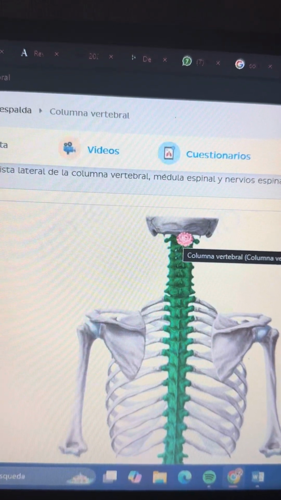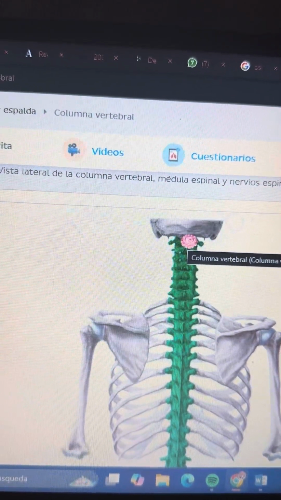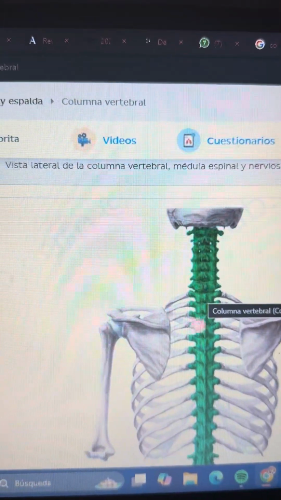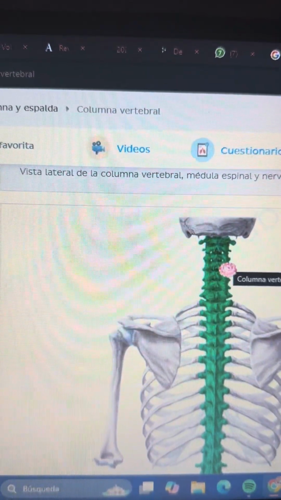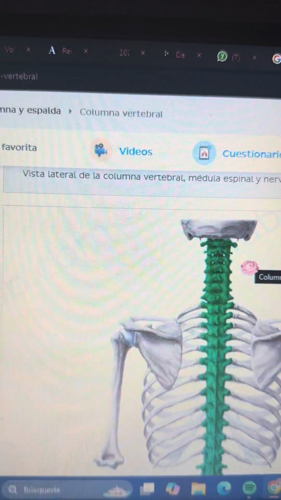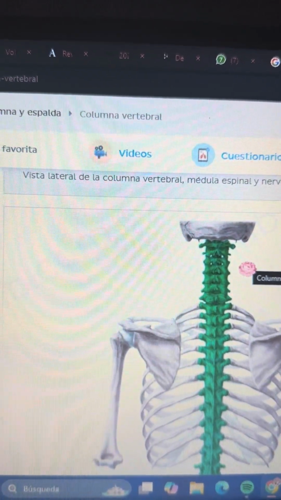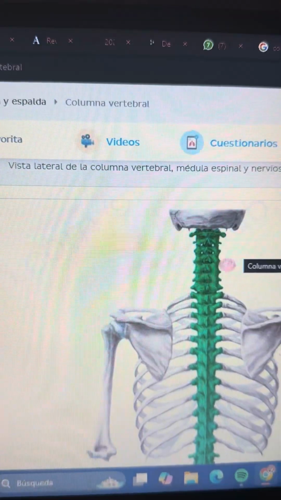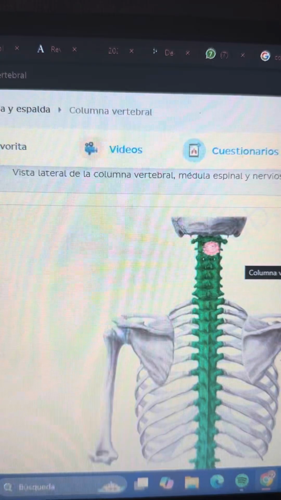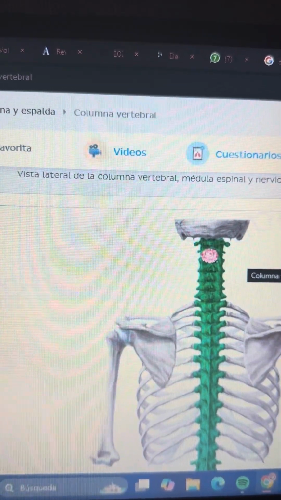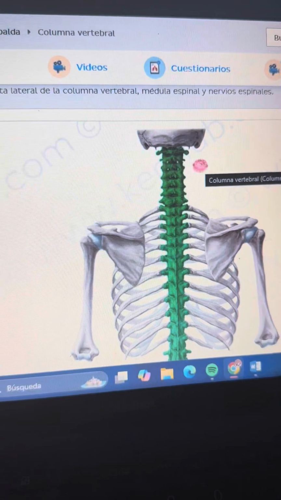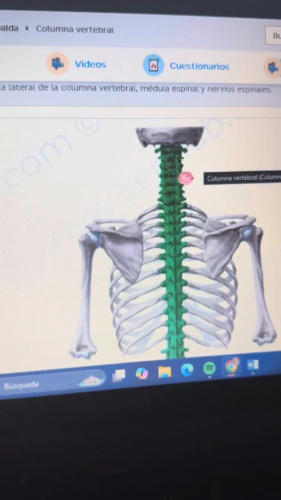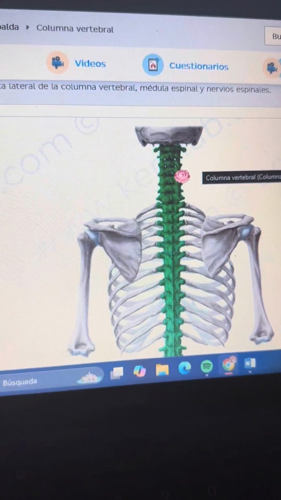The vertebral bodies help support the vertebrae above, also thanks to the intervertebral disc and the joints between vertebrae, which allow movement between vertebrae.